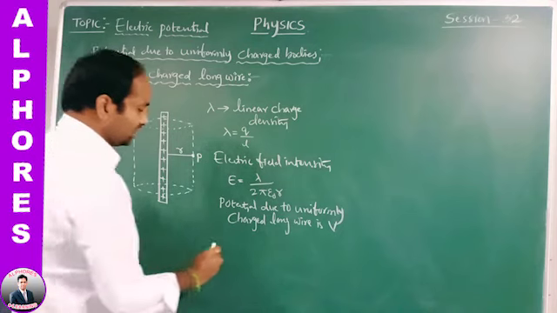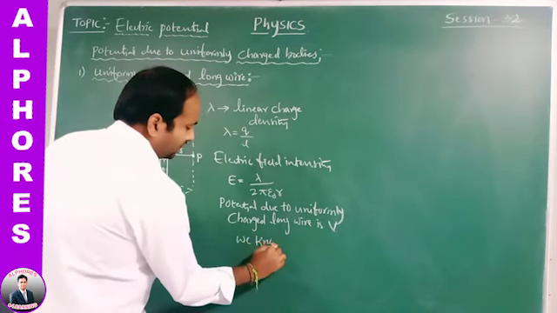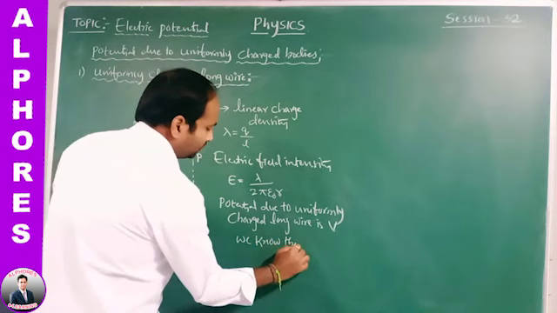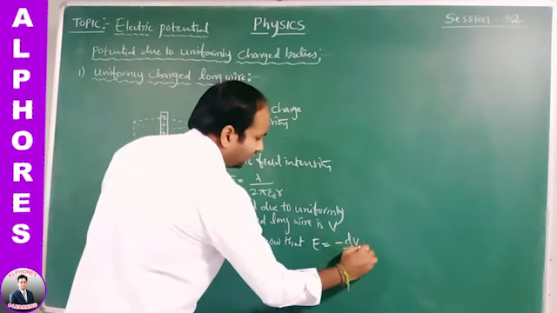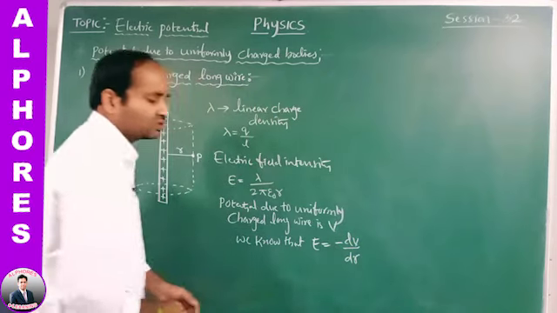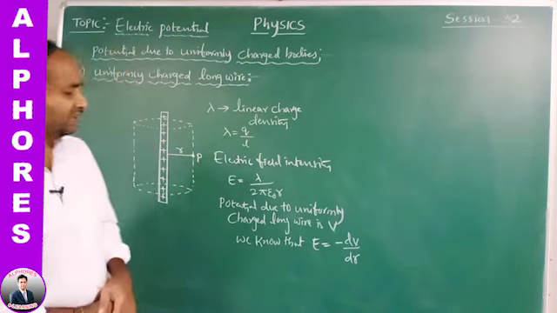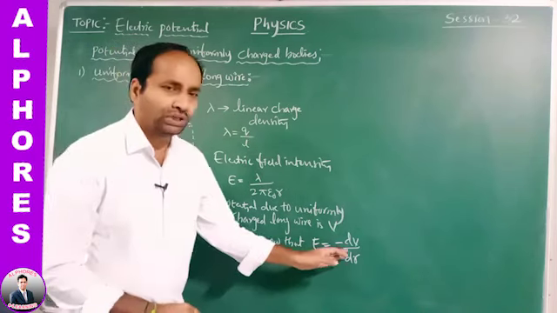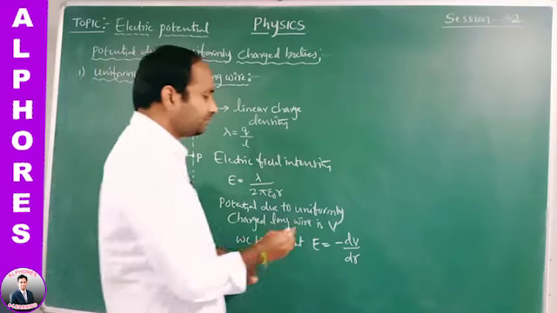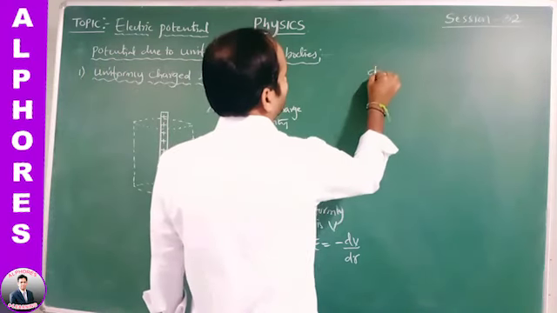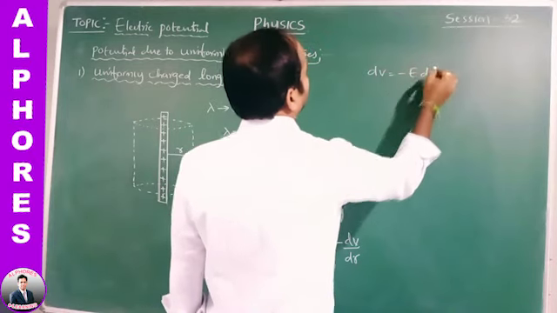We know that E is equal to minus dV by dr. The relation between electric field intensity and potential is E equals minus dV by dr. From this equation, dV is equal to minus E dr.